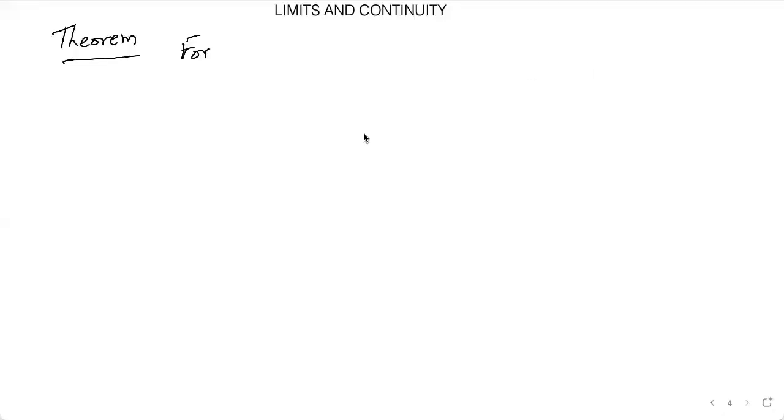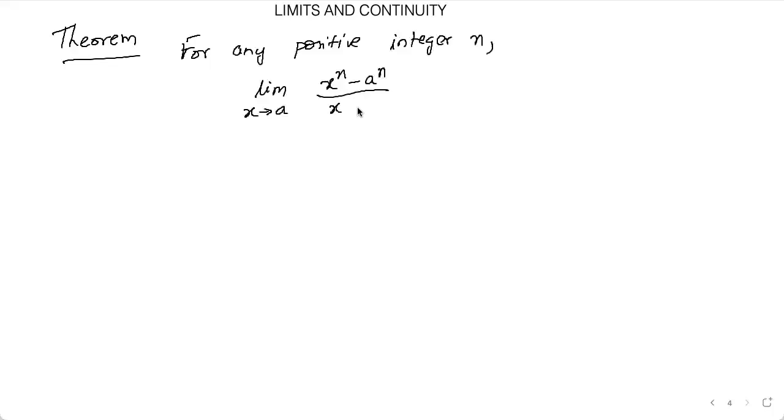Okay, this theorem, for any positive integer n, the limit x tends to a of x to the power of n minus a to the power of n by x minus a is equal to n a to the power of n minus 1.